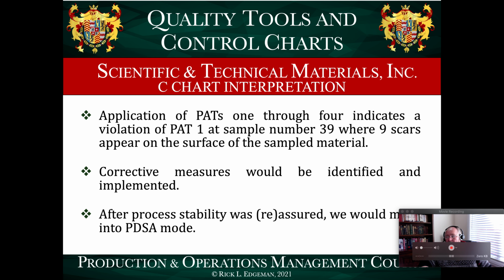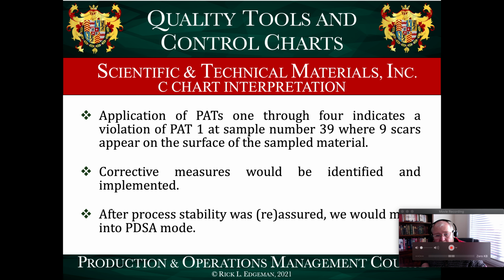So not pattern 1. What about pattern 2? Pattern 2 would be 9 consecutive points above the center line. That's not good. That's more scars. How about 9 consecutive points below the center line, below C bar? That'd be good. So pattern 2 might be a way to identify that your change has been effective.